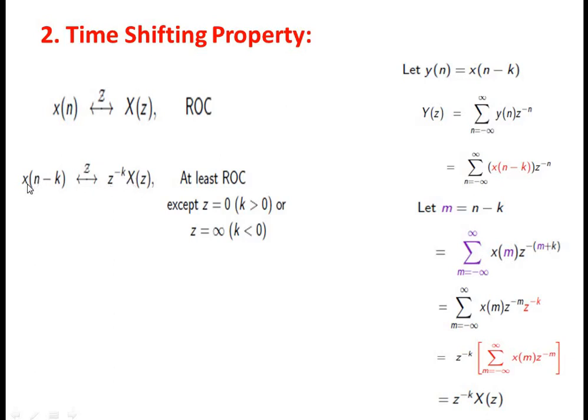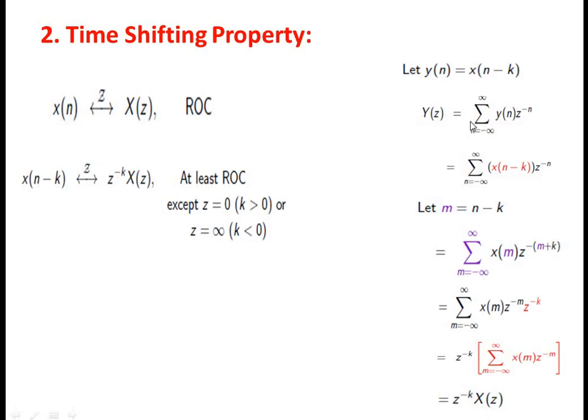For x of n we have X of z, and for the shift in this signal, we convert that in the z domain as z power minus k. Here we have minus k, so we have the power of minus k. If you have plus k, there too we will write it as z power plus k. You can check by your own for making this signal a delay.